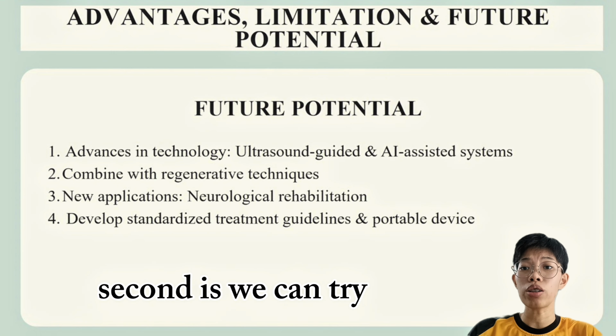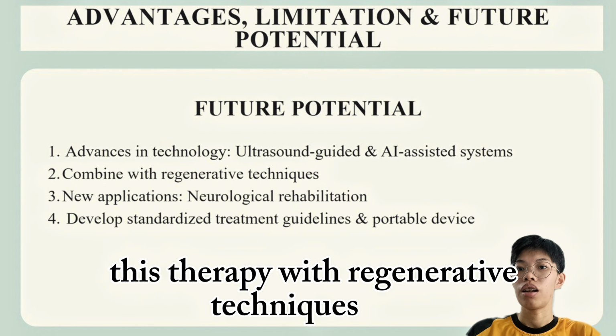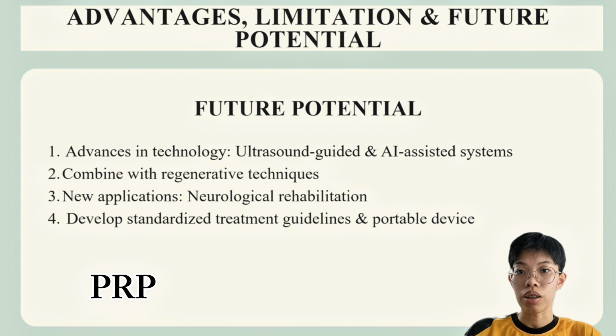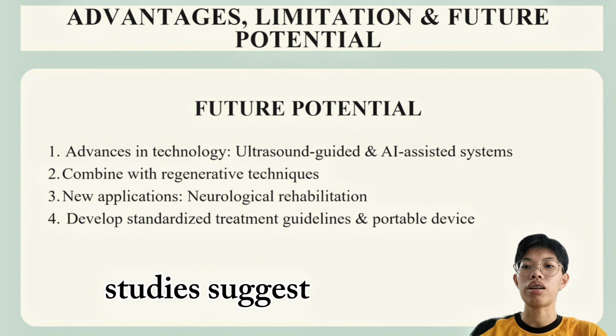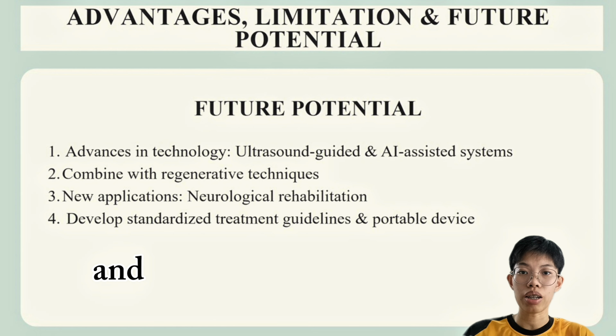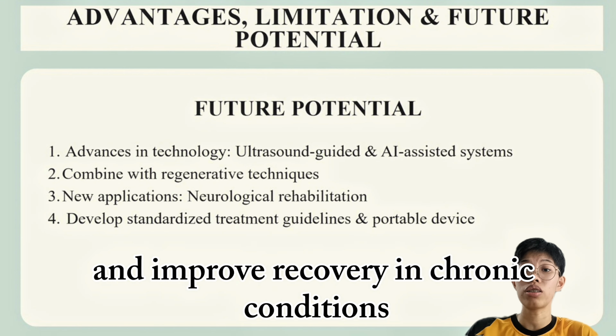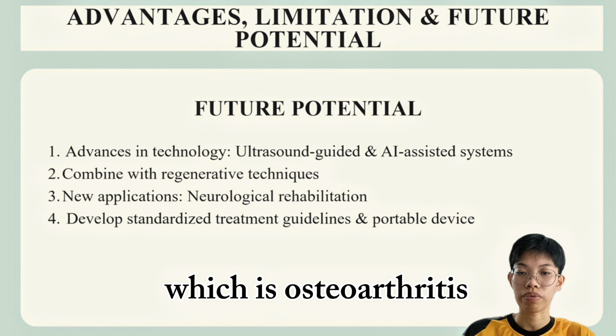Second, we can try to combine this therapy with regenerative techniques like PRP or stem cell therapy. Early studies suggest that combining these approaches may accelerate tissue healing and improve recovery in chronic conditions such as tendinopathy and OA, which is osteoarthritis.